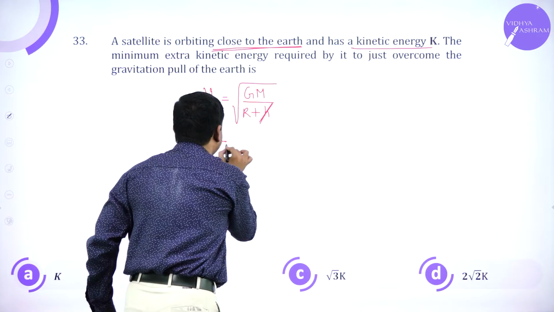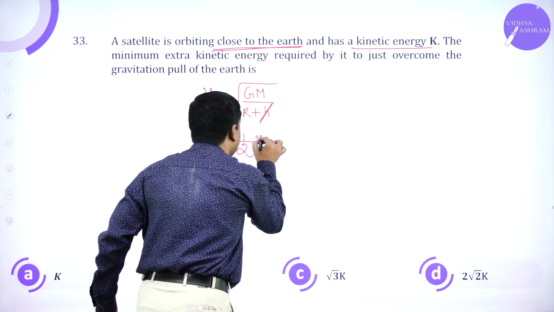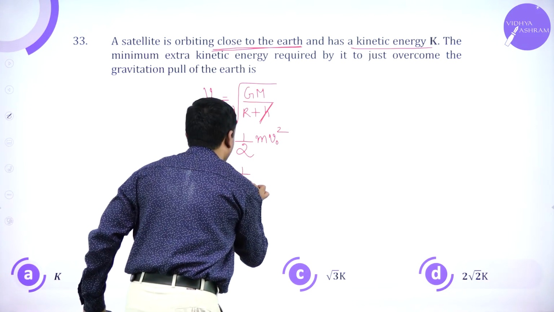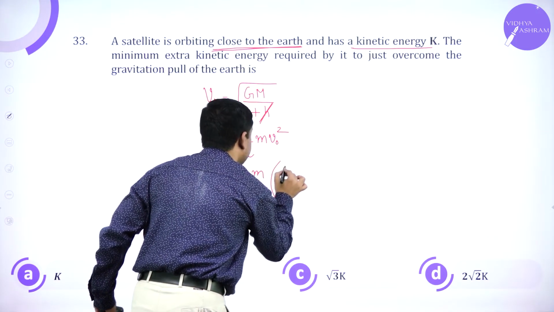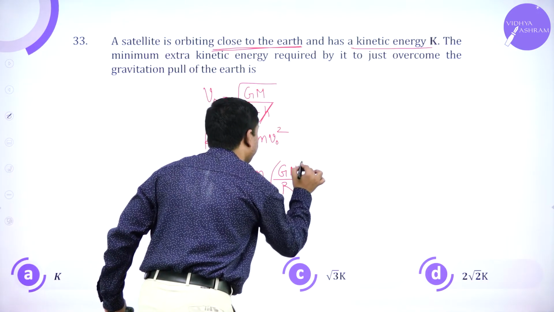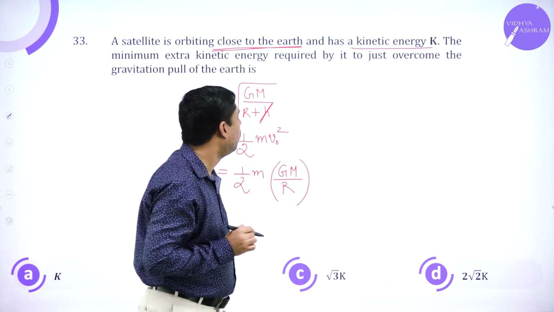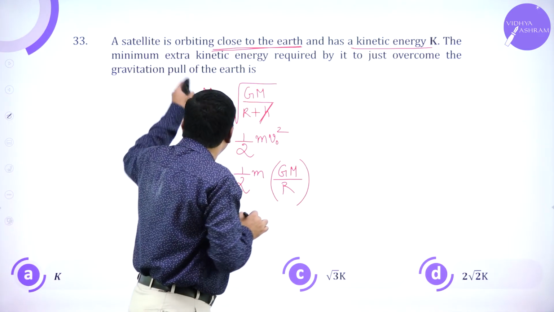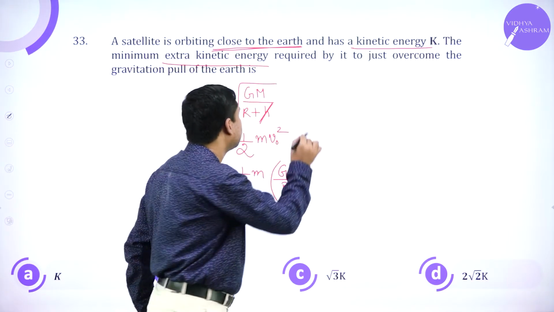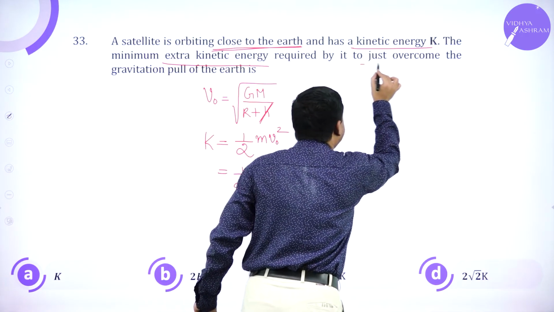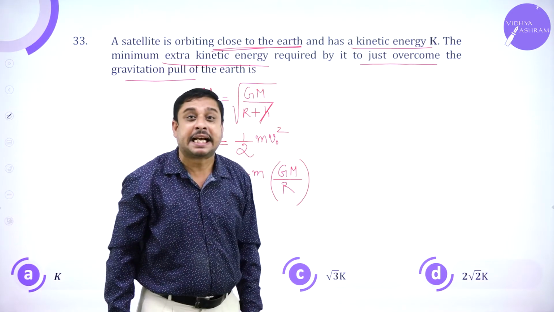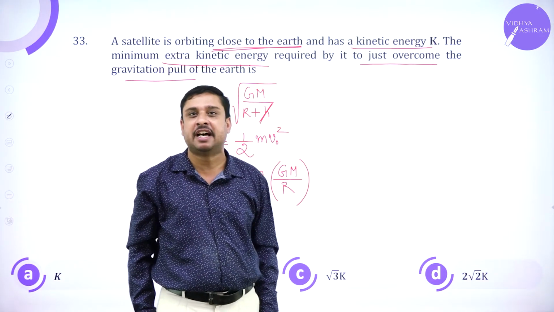So kinetic energy in this case is half m v naught square, or half m GM divided by R. Now, the minimum extra kinetic energy required by the satellite just to overcome the gravitational pull of the earth.